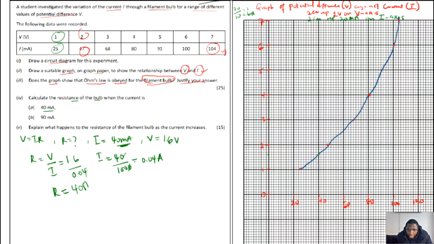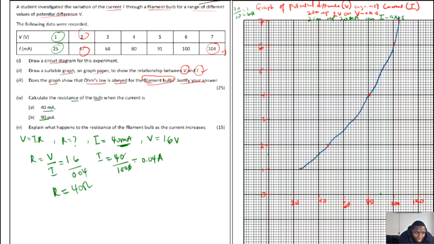And then the next one is where we have 90 milliamp. The same thing: go to here and locate your 90. This is your 90 here, very close to this 91.